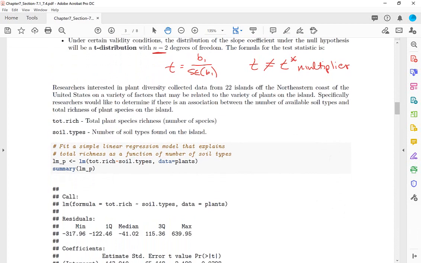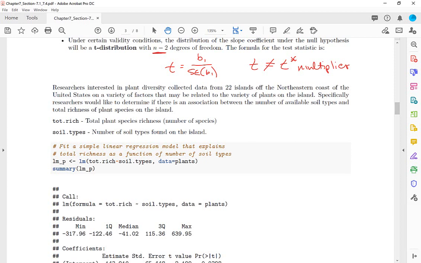Let's look at a study. Researchers interested in plant diversity collected data from 22 islands off the northeastern coast of the United States on a variety of factors that may be related to the variety of plants on the island. Specifically, researchers would like to determine if there's an association between the number of available soil types and total richness of plant species on the island.